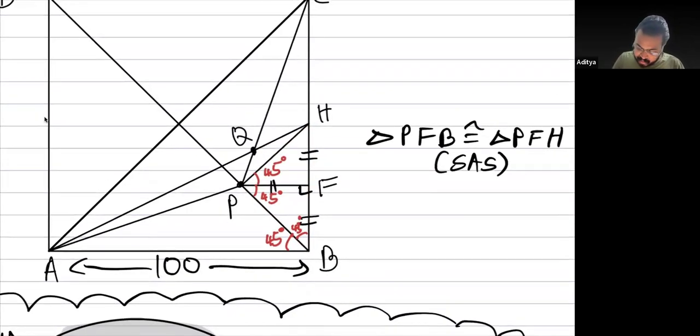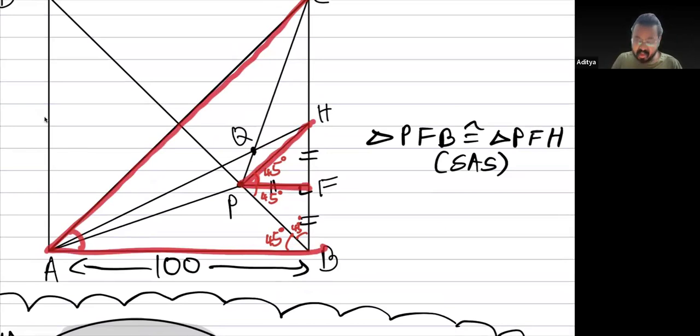Notice that PF is obviously parallel to AB, and these two lines, AC and PH, are equally inclined to a set of parallel lines. Can you see that these two angles are equal and the base is parallel? So the other ray will also be parallel.